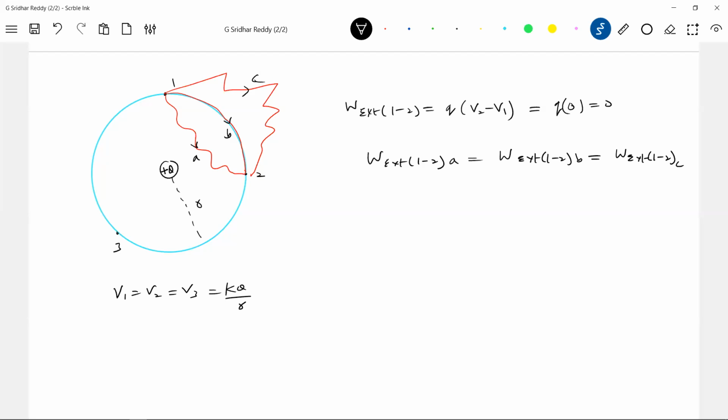So therefore, as the work done is independent of path, what is the conclusion we can make? Work done is independent of path. So therefore, the field is a conservative field.